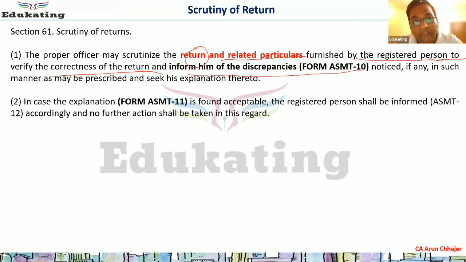If he finds any discrepancy while scrutinizing the return, he will inform the same in ASMT 10. Now the taxpayer will give the reply in ASMT 11, and if it is found acceptable, he will drop the proceeding. Otherwise, he will take the action.